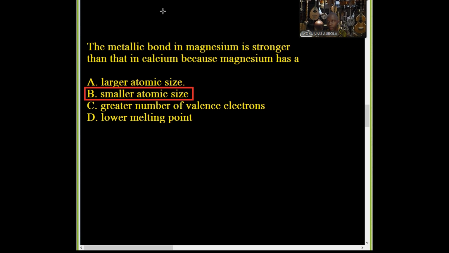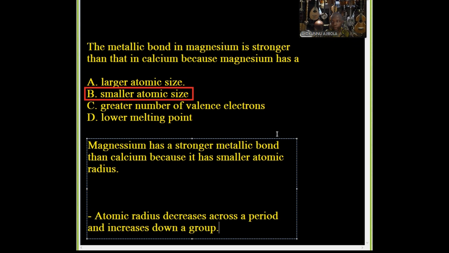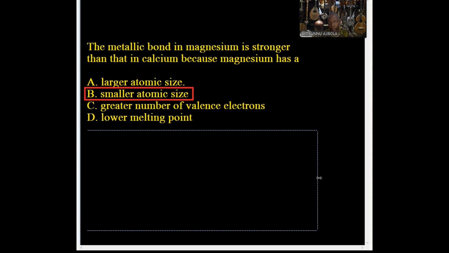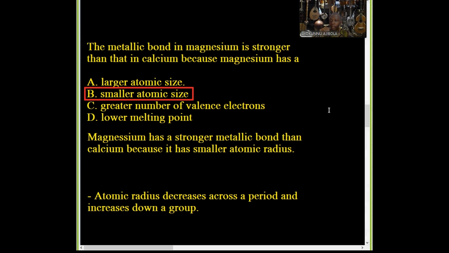That's correct. The further explanation is that what accounts for the atomic size, whether small or big, is the radius, the atomic radius. Is that clear? Yes, sir. Magnesium has a stronger metallic bond than calcium because it has a smaller atomic radius.